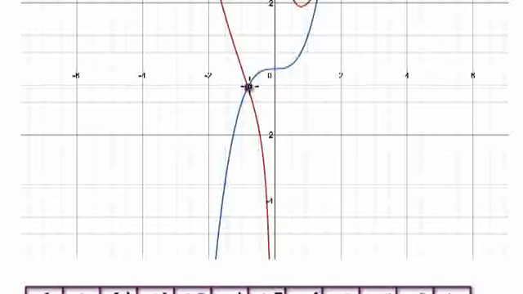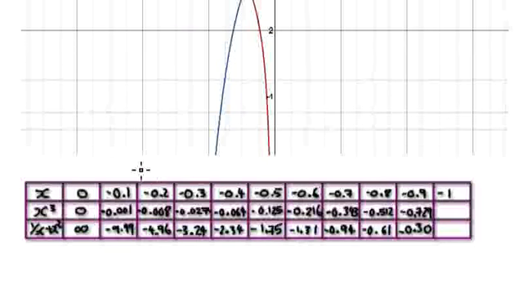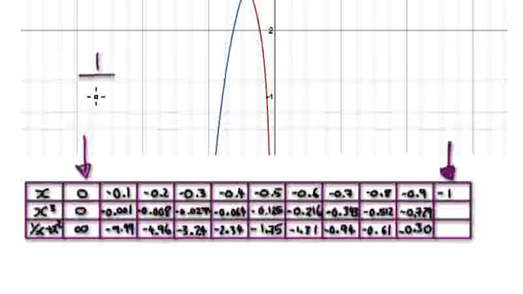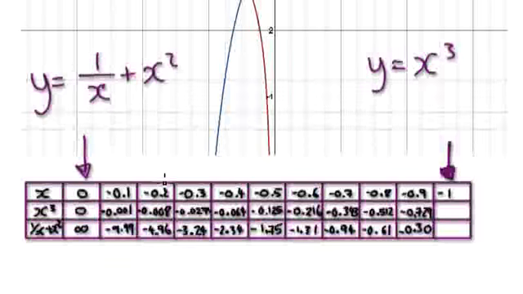We are trying to find this point here. We know it crosses between 0 and minus 1, not 1, so we would create a new table like this. Here we've got 1 over x plus x squared, and over here we've got y equals x to the power 3. So we've got two lines here.